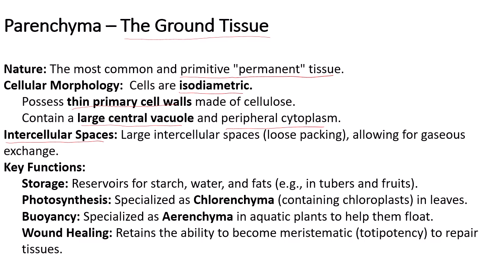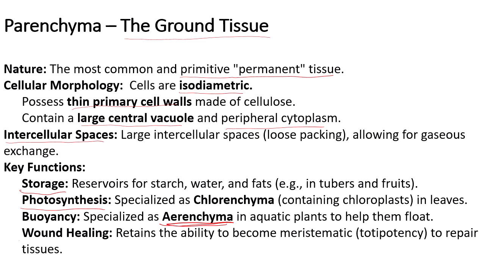Parenchyma mainly has function in storage. Then they also have a photosynthesis function because of presence of chlorophyll, and that tissue is called chlorenchyma. Then in hydrophytic plants, they can float over the surface of water because of a specialized parenchyma which is called aerenchyma.